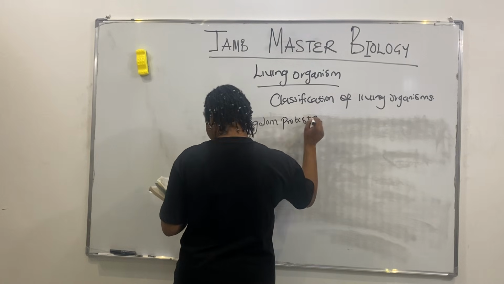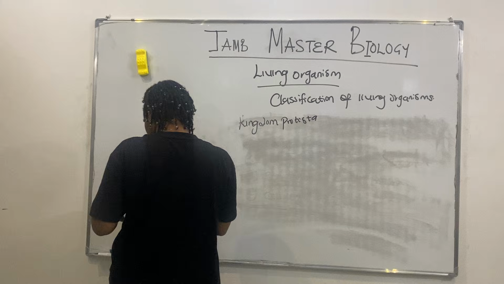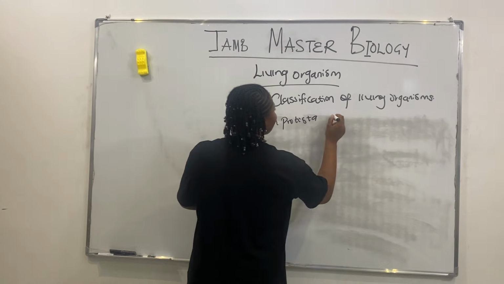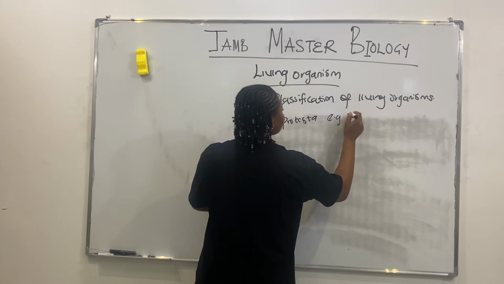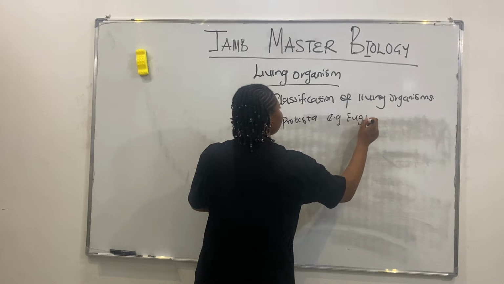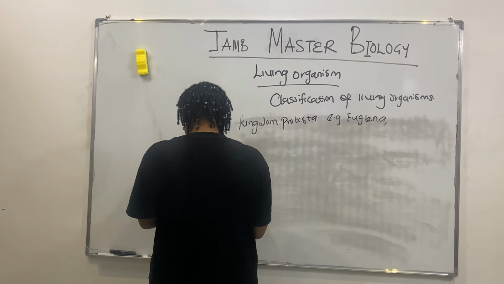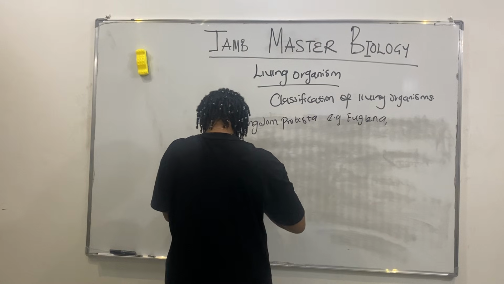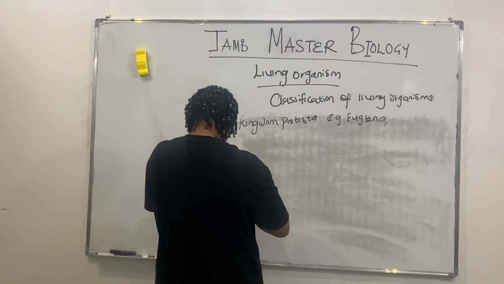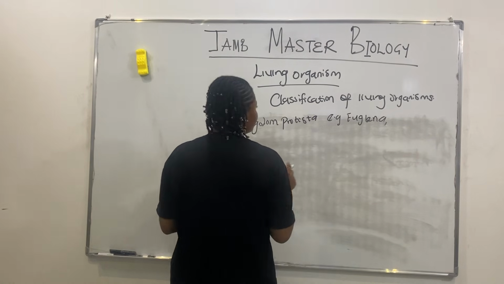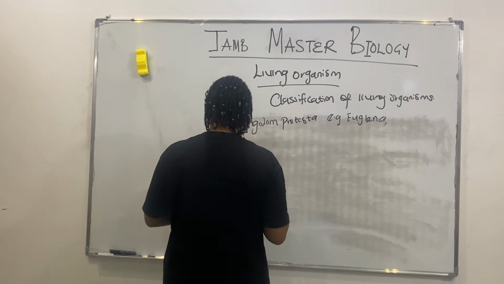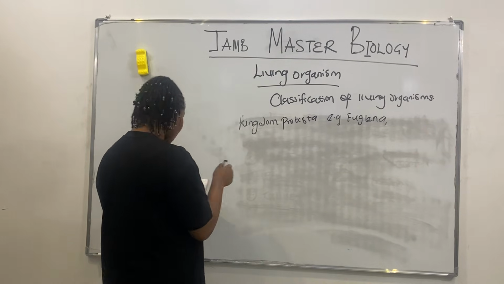Protista. An example here, we have Euglena. So yes, under the kingdom Protista, we have organisms like Euglena.